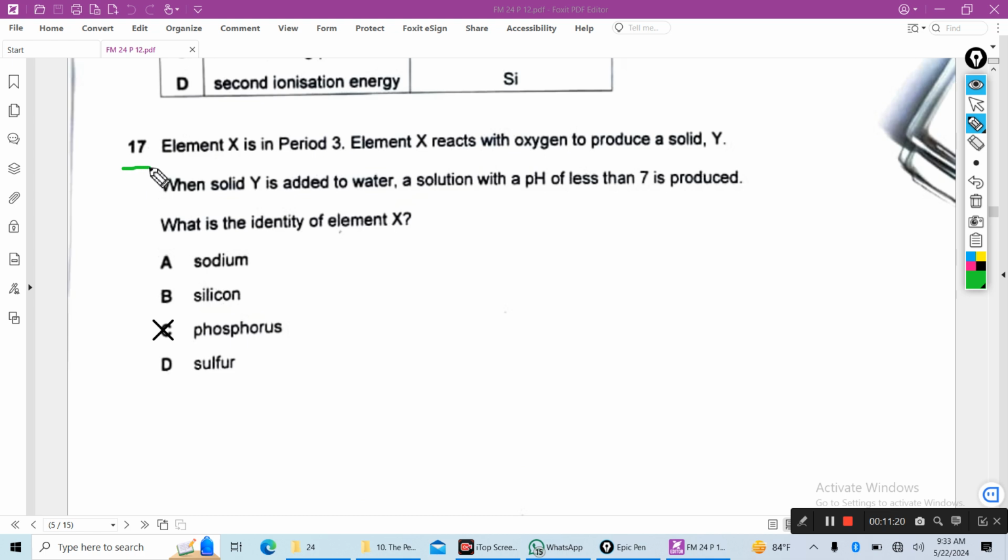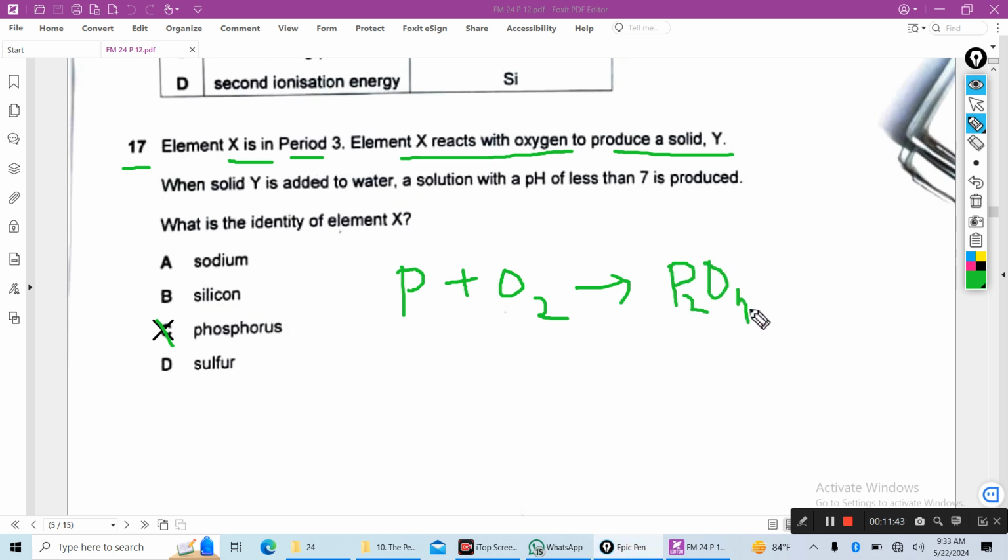Now 17, element X is in period 3. Element X reacts with oxygen to produce solid Y. So if the answer is C, phosphorus reacts with oxygen to produce solid Y, phosphorus pentoxide, phosphorus(V) oxide.